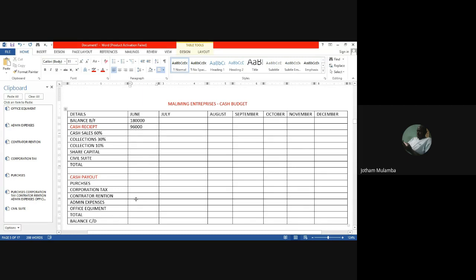Now, somebody to read for us so that we don't miss our point. Somebody to read for us that additional point number 2, about 30% and 10%, so that we are able to follow together. Joyce, can you read for us?